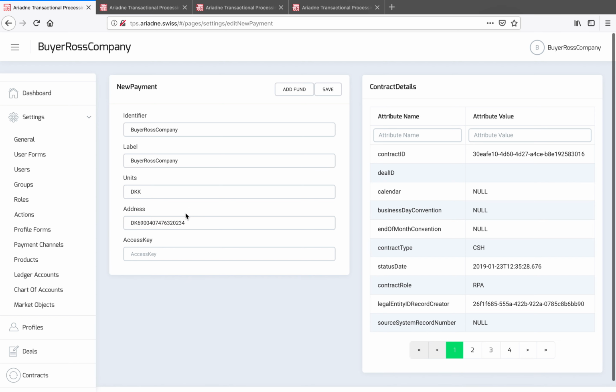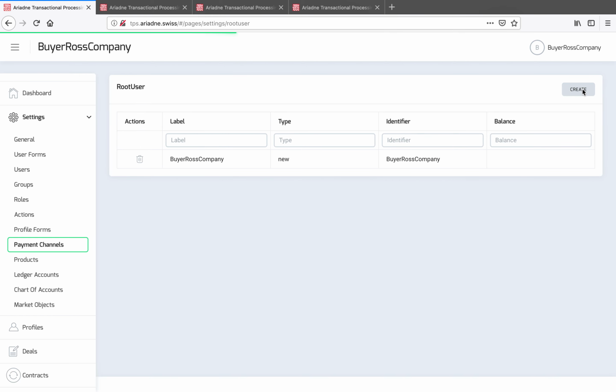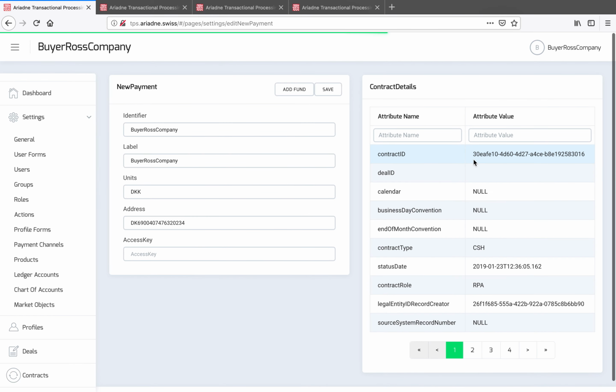This account now is also linked to a cash contract that shows the balance available in the payment channel or the gateway linked to this entity. For the demo simulation, I would like to add some funds into this cash contract, about 500 Danish crowns.